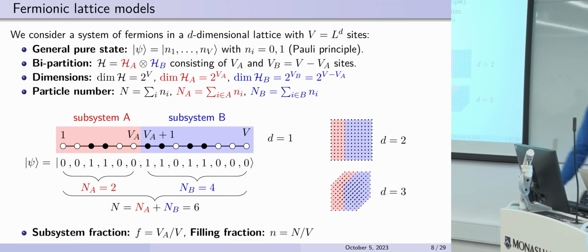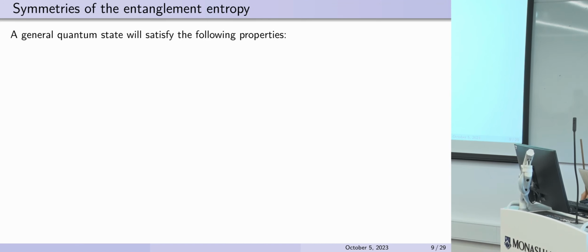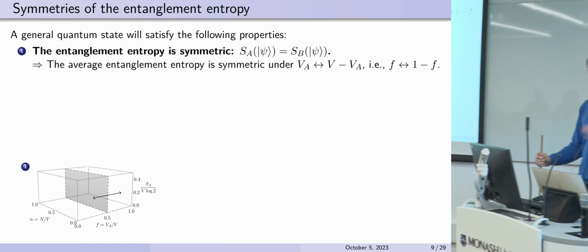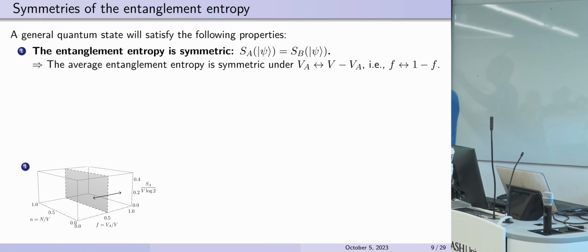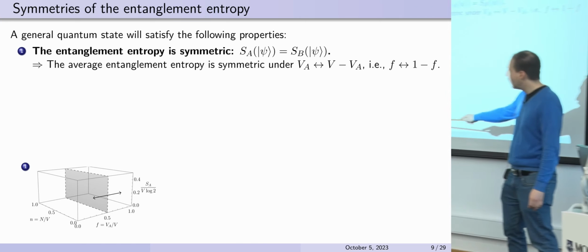Yeah? And with that, we generally know that the entanglement entropy satisfies the following three conditions. First, as mentioned before, it is symmetric under exchanging subsystem with its complement, which means if we plot the entanglement entropy with respect to F, it will have a mirror symmetry.